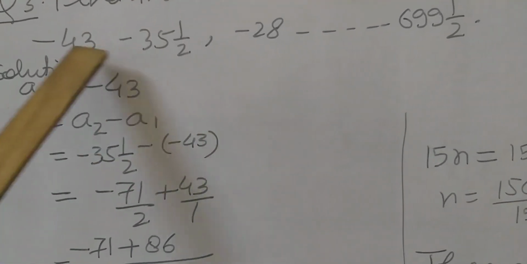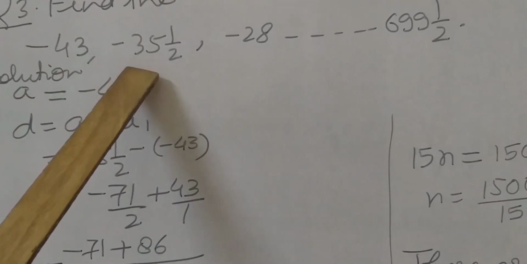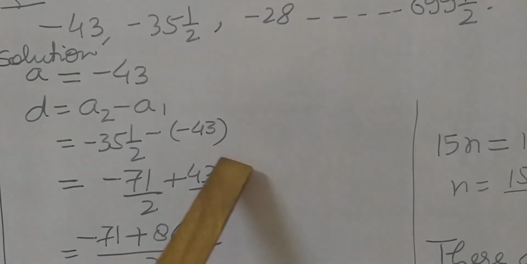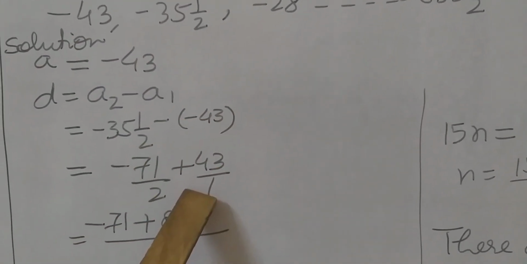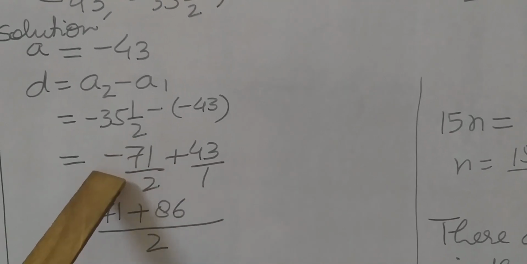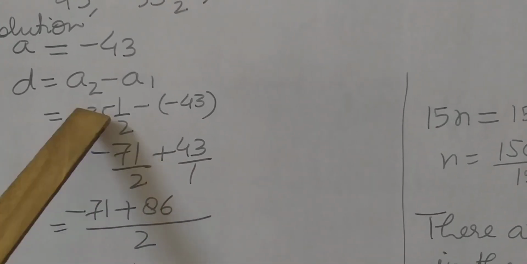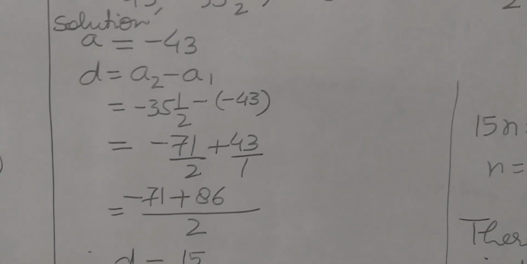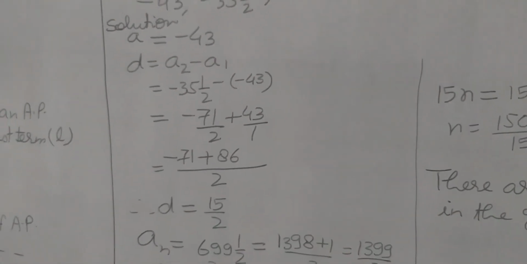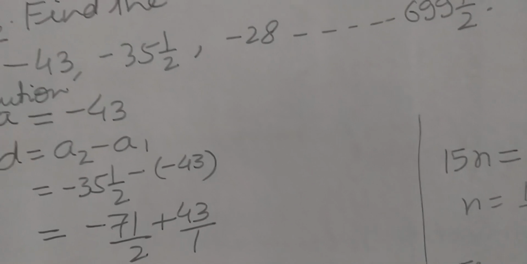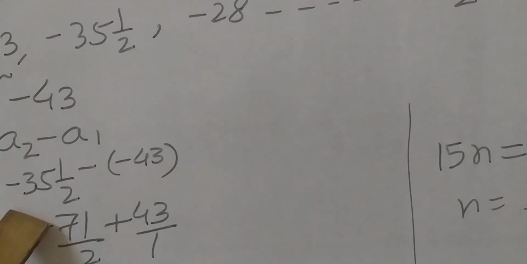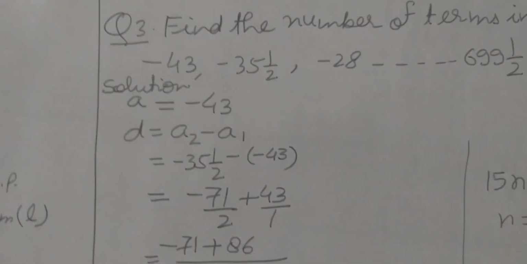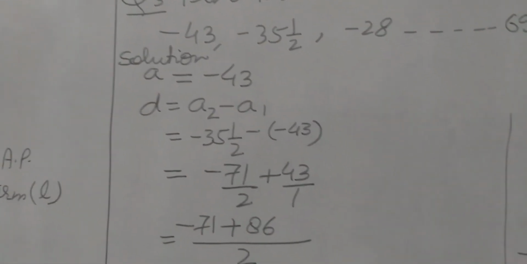D is A2 minus A1. Always remember, students, minus 35 whole 1 upon 2 minus 43. So minus plus, and it will be minus 71 upon 2. 35 into 2 is 70, plus 1, so minus 70 and 1 is there, minus 71.